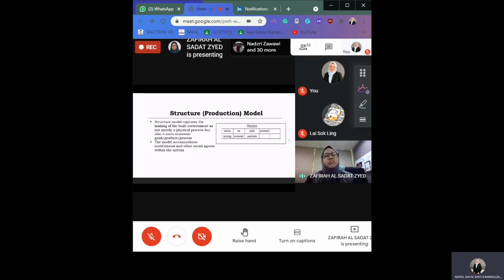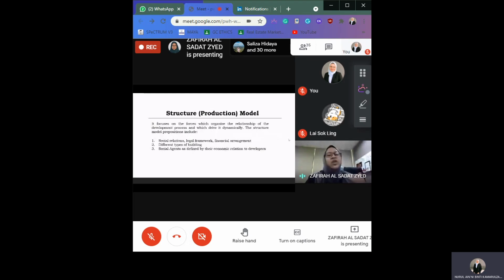So basically it focuses on organizing the relationships of the process, and it's also dynamic because you include social relations, legal framework, financial arrangement. You have different types of buildings. Social agents are defined by their economic relations to developers. So basically, the structure model is like an extension of the agency model.